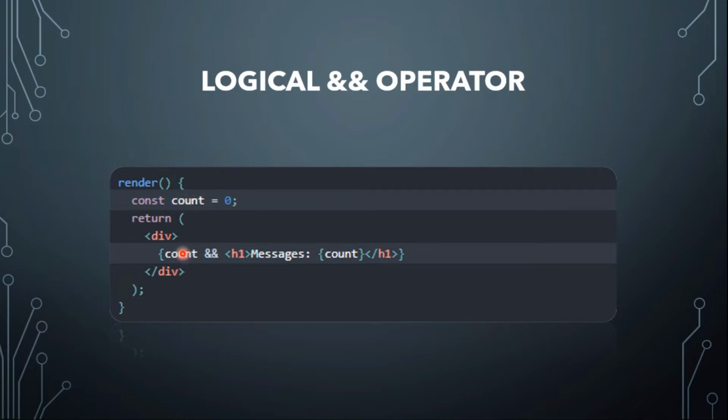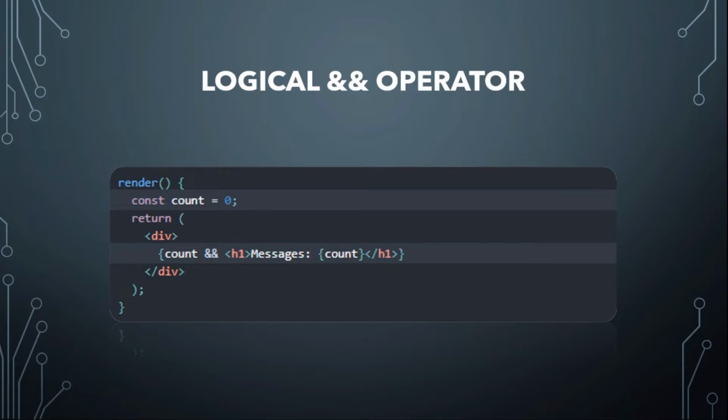So we are saying count and h1 messages count and display the count. What this is saying is that if count is true, render this. Else, if it doesn't return true, just ignore this and continue.